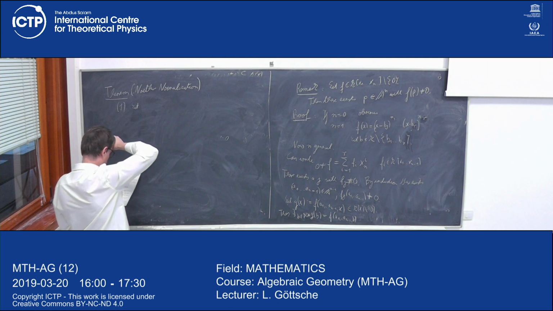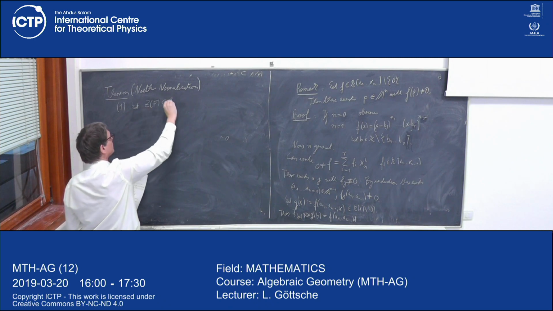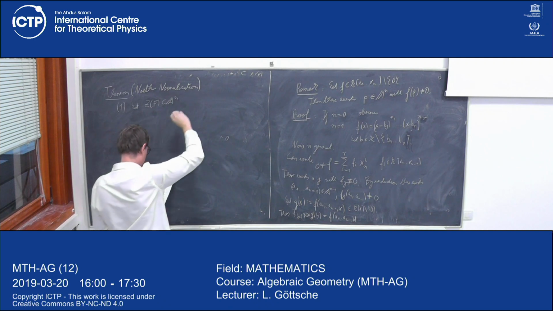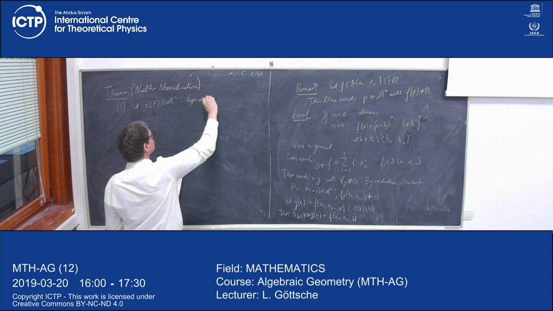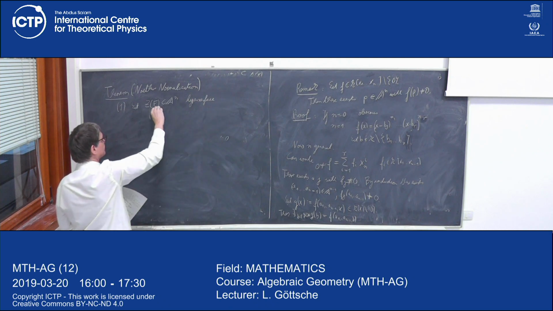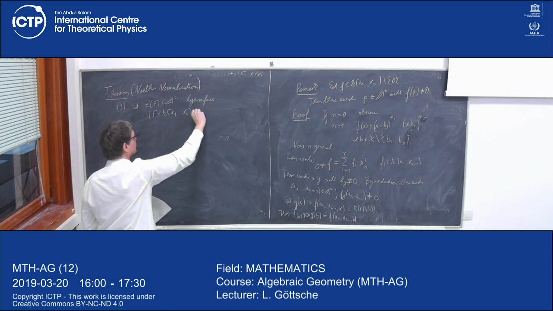Let Z of f in A^n be a hypersurface, so it means that f in K[x1 to xn] is an irreducible polynomial.